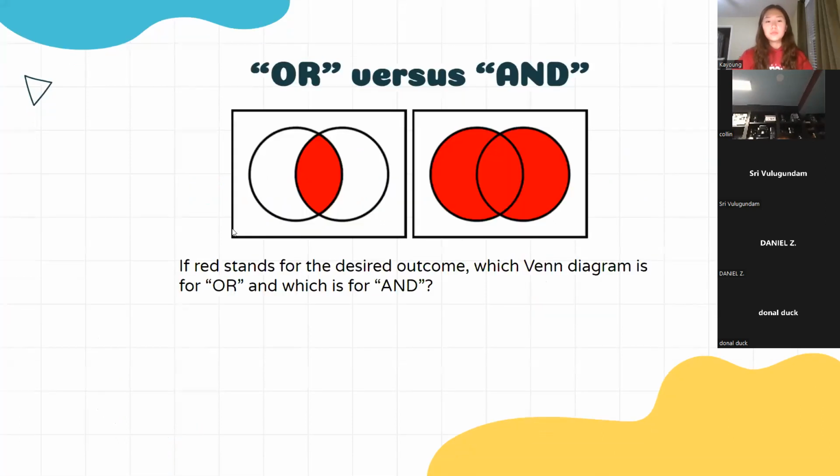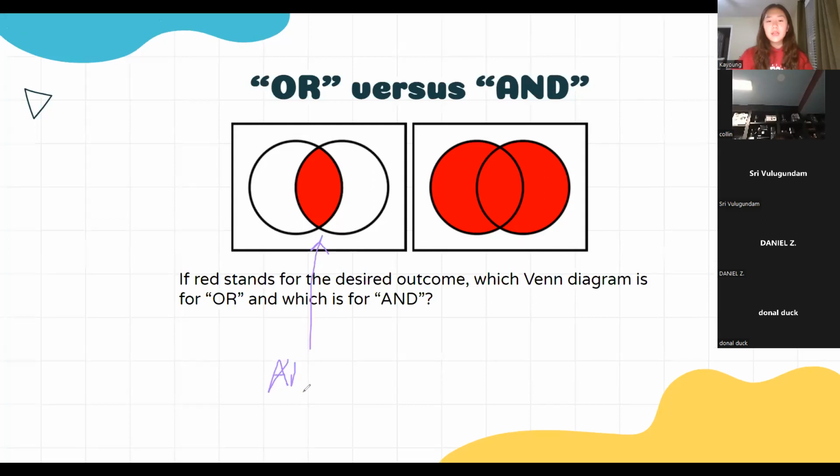Okay, so I'm just gonna tell you this. If red stands for the desired outcome, this first one is and. And is like something happens and the other thing happens. Both things have to happen, which is why it's the intersection. But for or, this or is different from a speaking or.